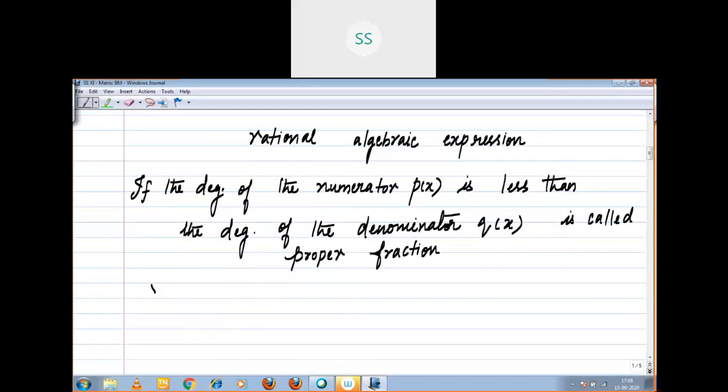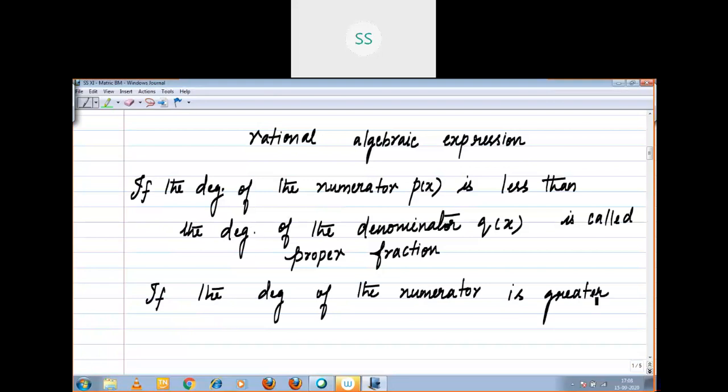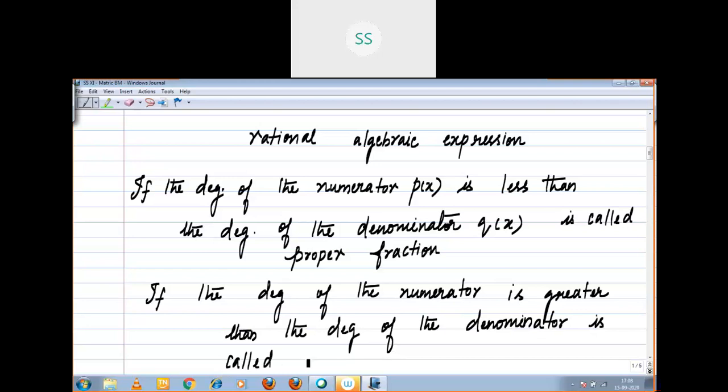If the degree of the numerator is greater than the degree of the denominator, it is called an improper fraction.